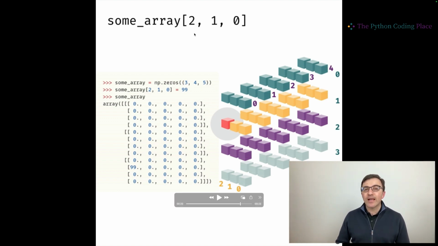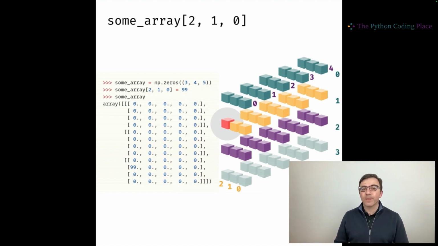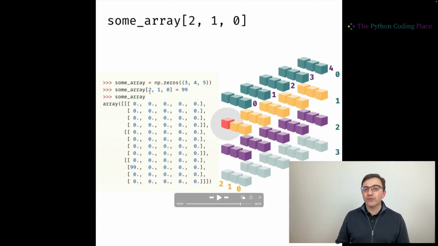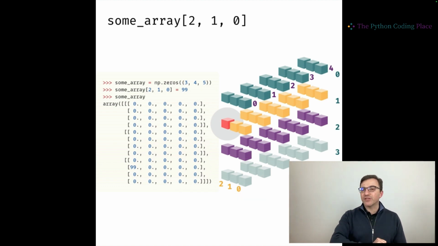For example, let's take the value 2, 1, 0 in sum_array. So I start off with sum_array, which is the zeros I've shown you earlier, so the 3-dimensional array, all values being 0. But then I change the value 2, 1, 0, so I've picked one element in this 3D array and changed it to 99.